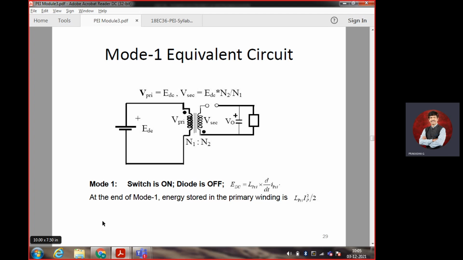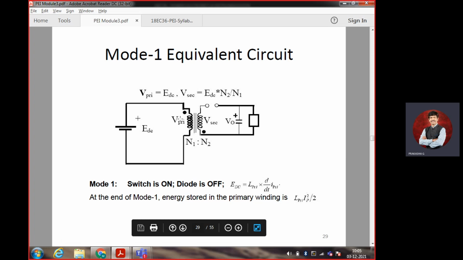The current flows in opposite directions because the dot indicates the polarity. So here, even though I am giving the DC power supply, the switch is closed, the switch is on, and the current flows in the primary winding.